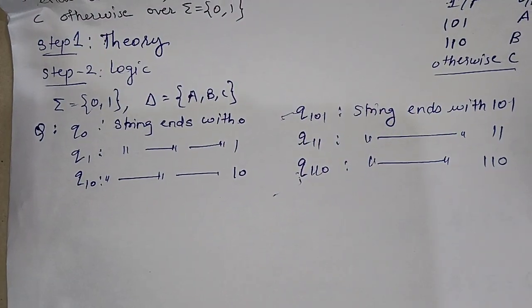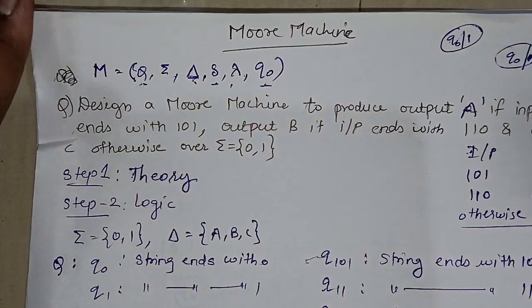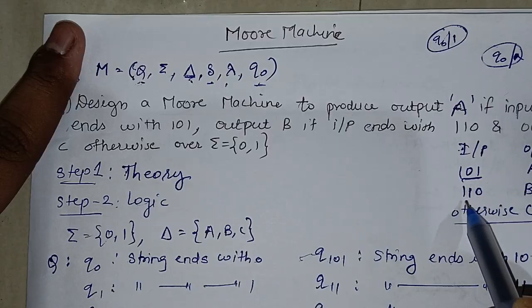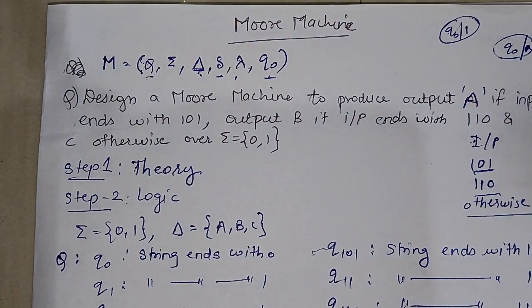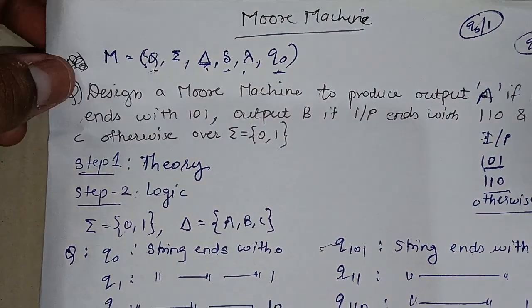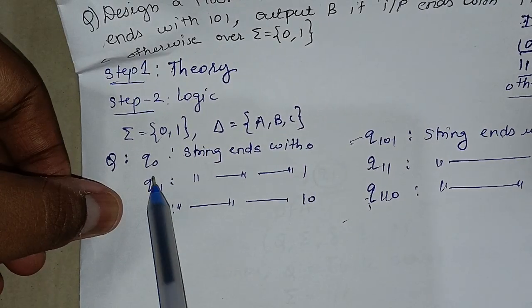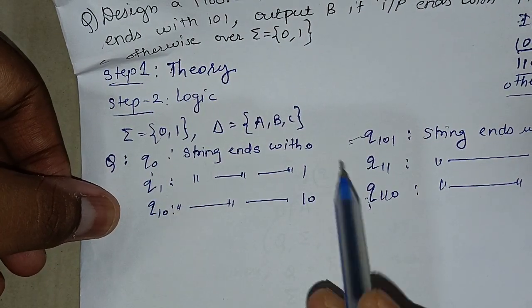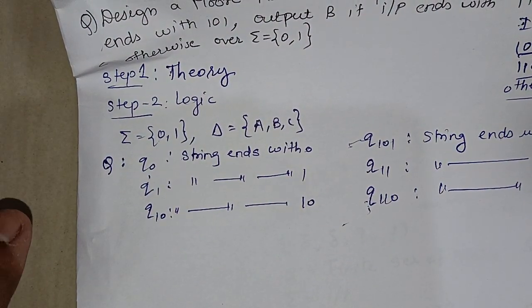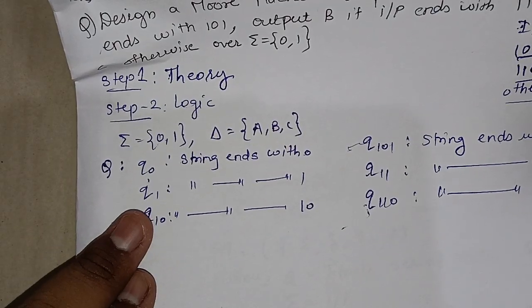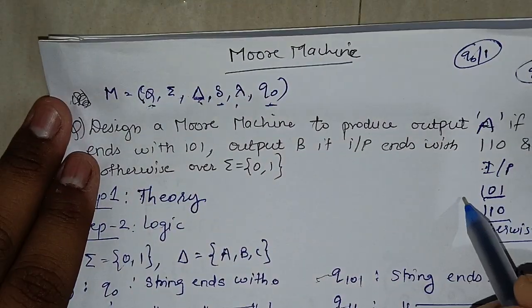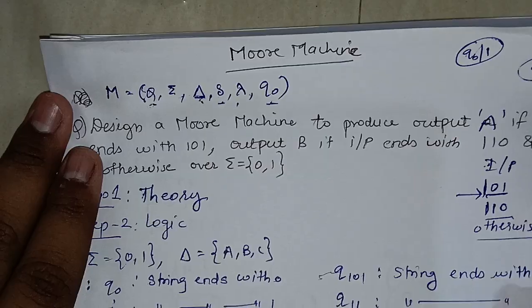Now see why I have taken these states. We have to see for the inputs 101 and 110. It can get 0 also, that's what I'm saying, string ends with 0. Okay, now see, Q1 is required in this also, means this one and this one, that's why I have taken this.